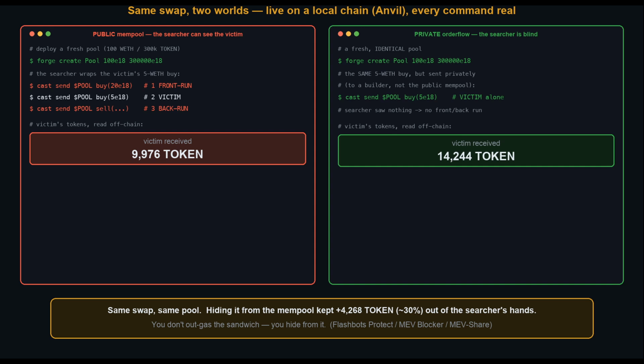Then the private world, a fresh identical pool, but this time the victim's buy is mined alone, with no searcher trades around it, because in private order flow the searcher never saw it. We read it again: 14,244 tokens, the same 5 WETH swap, the same pool, and hiding it from the mempool handed the victim back the 30% the sandwich was going to skim. Now that's private order flow, live and verifiable.